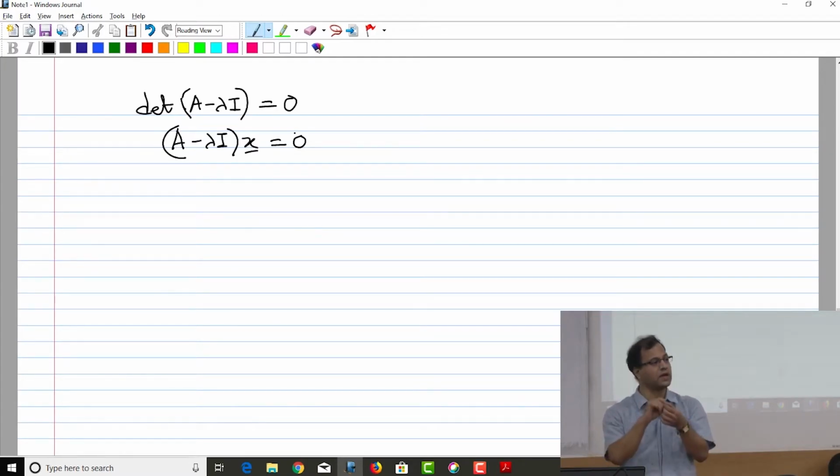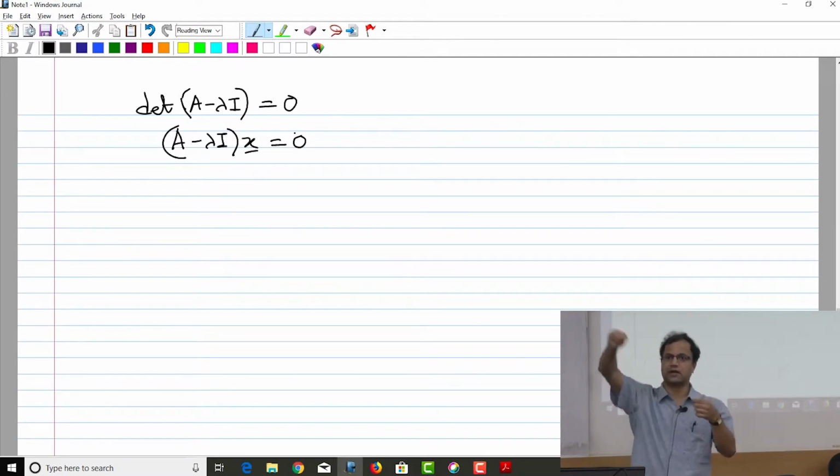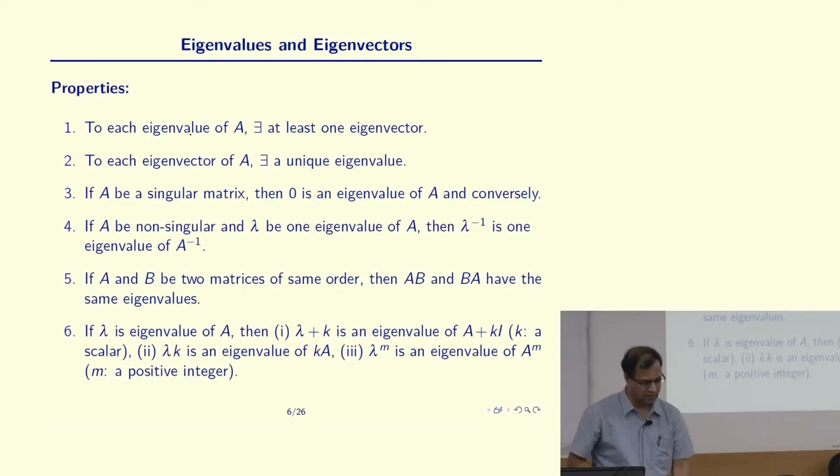When you have one eigenvector, you can multiply with different real numbers, so you will get many eigenvectors, right? That's why eigenvectors are not unique corresponding to an eigenvalue. Corresponding to an eigenvalue, basically you will be getting a subspace, the characteristic subspace generated by those eigenvectors corresponding to an eigenvalue.